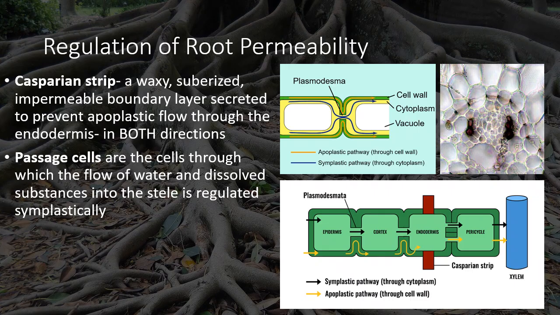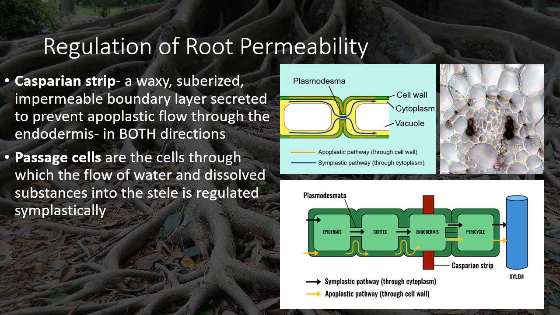This is important in both directions. First of all, it helps prevent harmful substances like salt from entering the xylem in excess. It also can prevent water, which the plant has in its vascular tissues, from backflowing out of the root if the soil becomes very, very dry. So the Casparian strip is a very important adaptation, both for preventing the entrance of undesirable materials and also for preventing the exit of desirable materials.